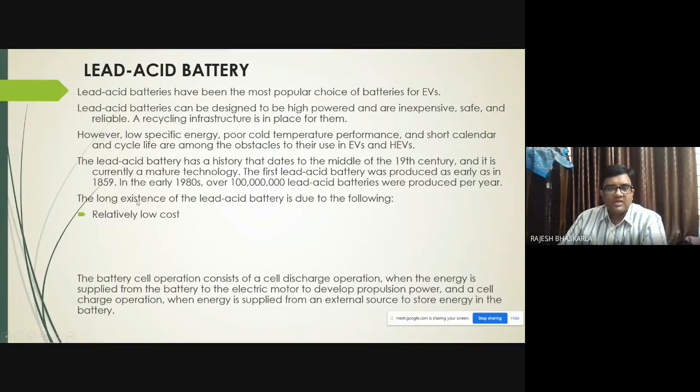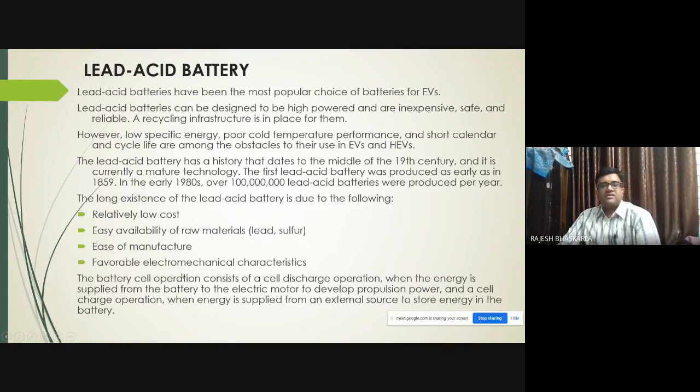The long existence of lead acid batteries is because of its low cost and easy availability. The materials, sulfur and lead oxide, are easily available, and it is easy to manufacture and has favorable mechanical characteristics. You can easily fix it by taking the container. So these are the features which have put lead acid batteries into use.